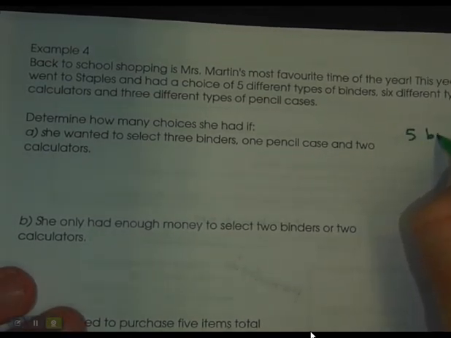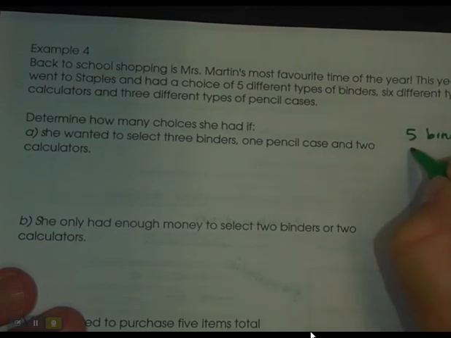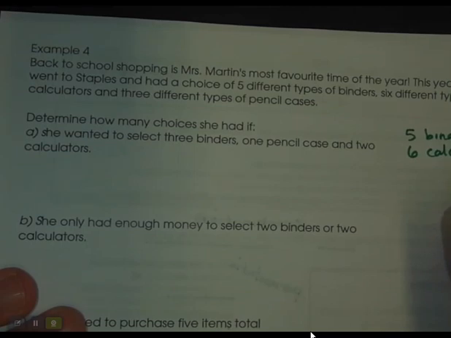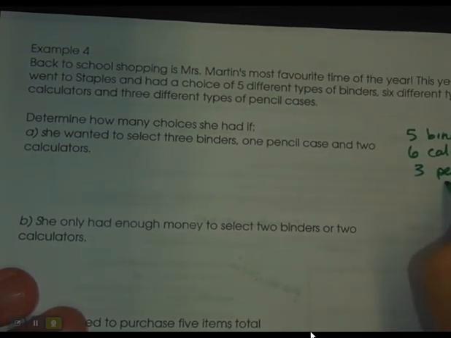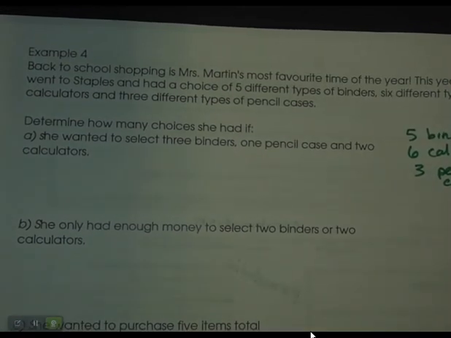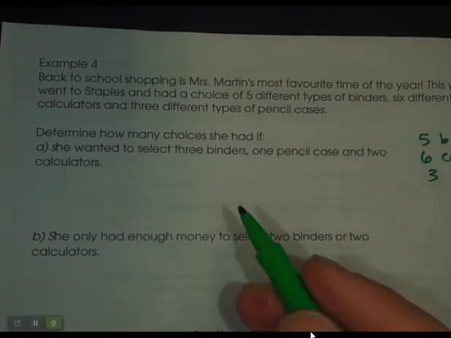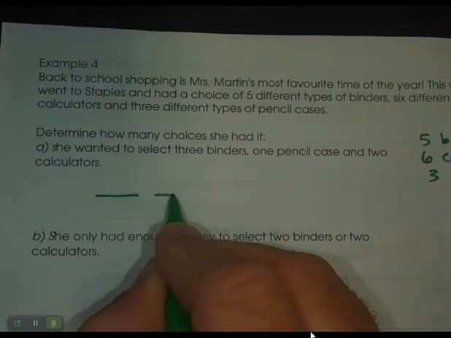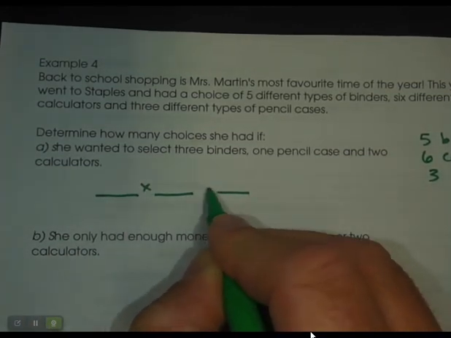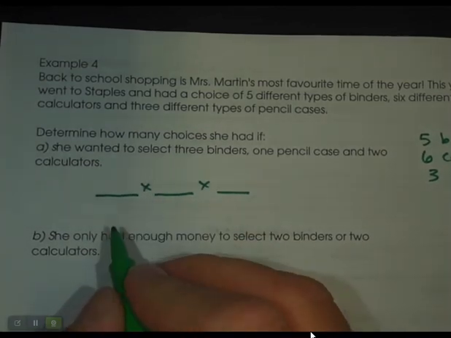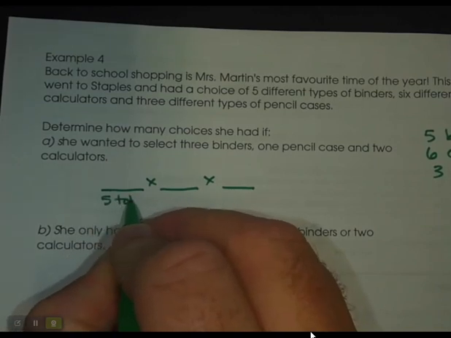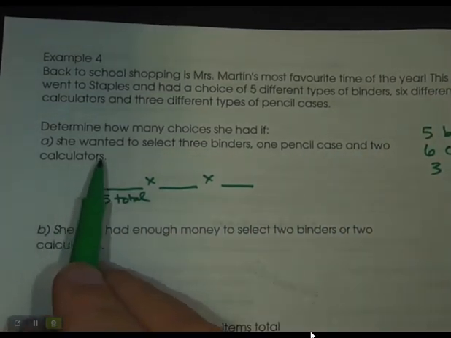So we have to look at what we have total. We have 5 binders. We have 6 calculators. And we have 3 pencil cases. And when I'm thinking about this, I sometimes think about it kind of like the line things where I'm multiplying. So I have 5 binders, and I have to look at how many I am choosing.